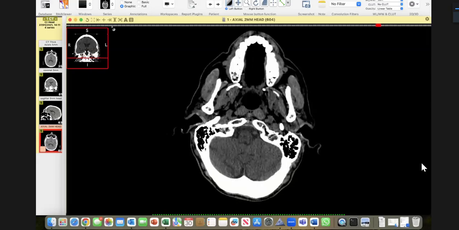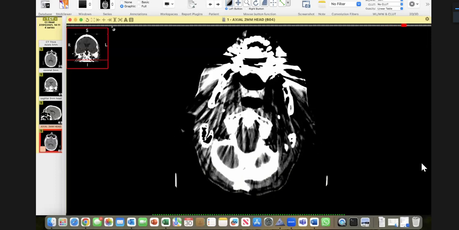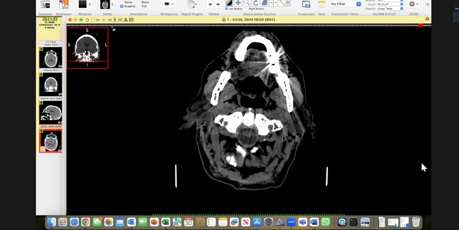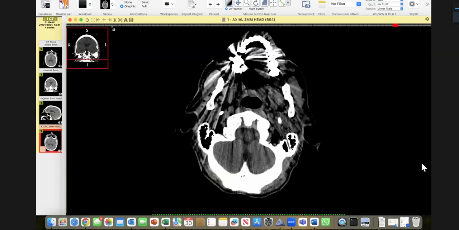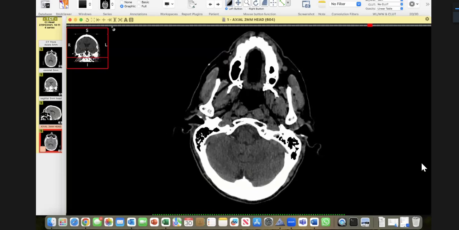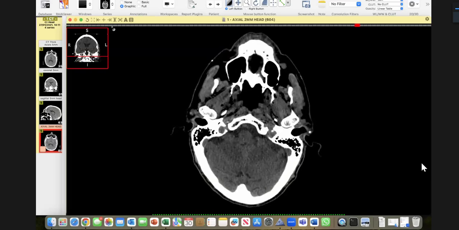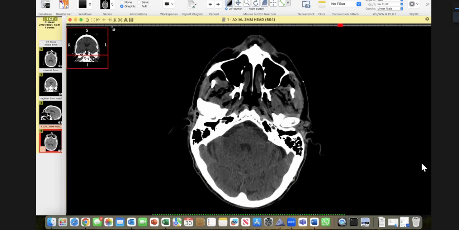The brainstem in my initial scroll also appeared unremarkable. Dental artifacts are appreciated, which are degrading the image quality at the base of the brain, but I could not appreciate any crowding at the foramen magnum, ruling out the possibility of tonsillar herniation. I'm going back again. The vertebral and basilar arteries are of normal density and not hyperdense.